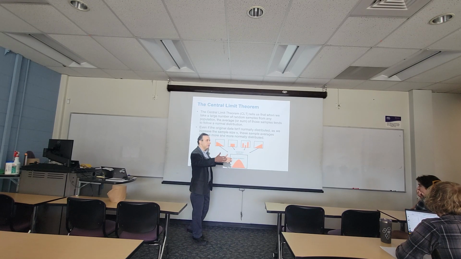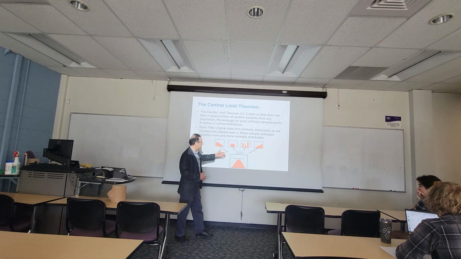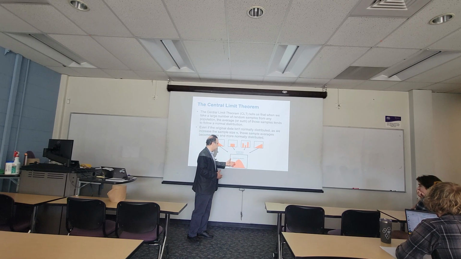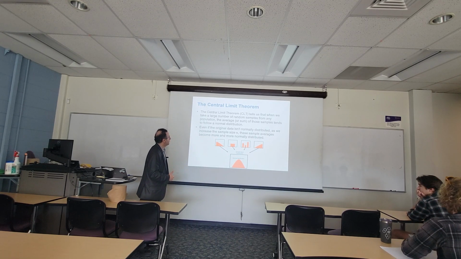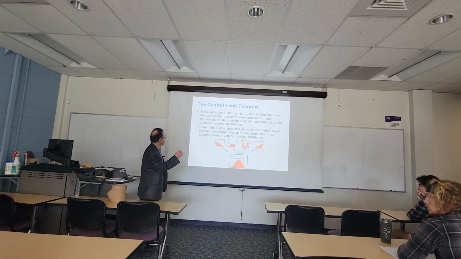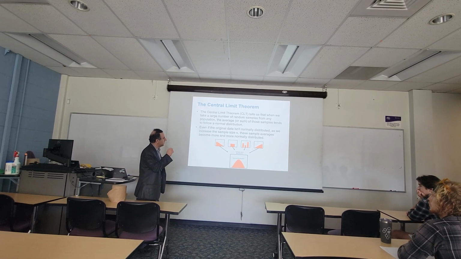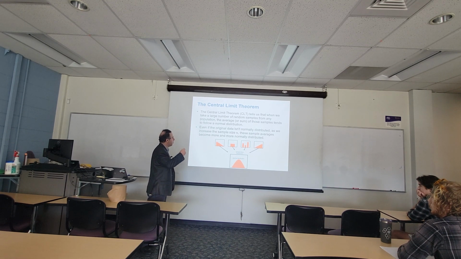As you increase, you will have better distributions, which is going to be similar to a normal distribution, right? Even if the original data isn't normally distributed, as we increase the sample size, the number of data, the sample average becomes more and more normally distributed.